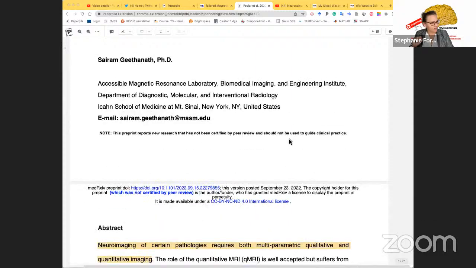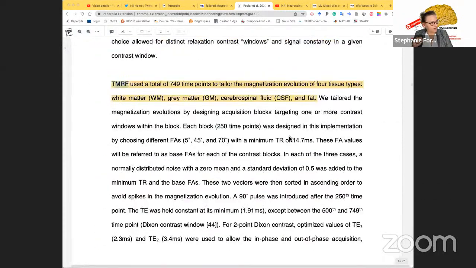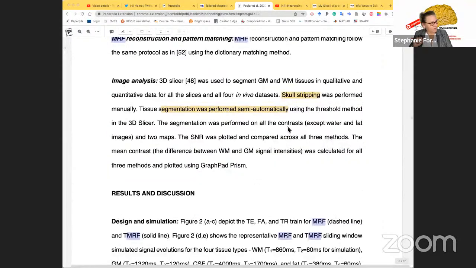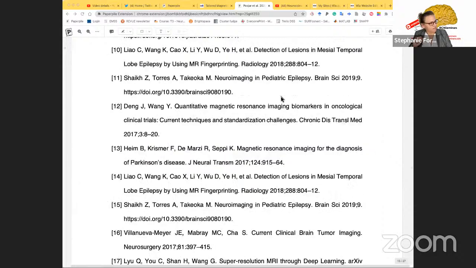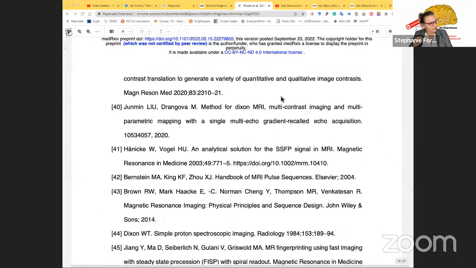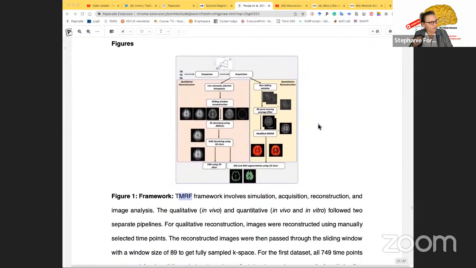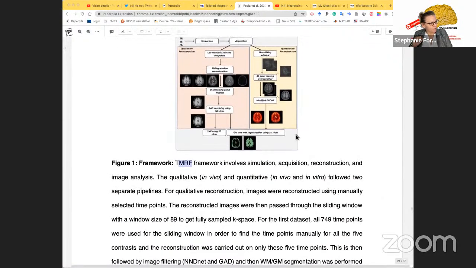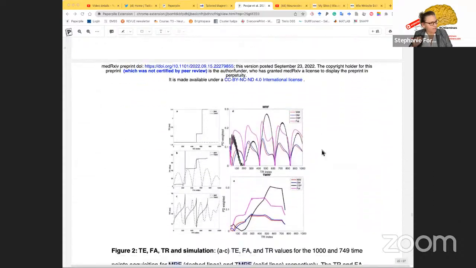Now, to give you an idea about the image quality, let's go to the very back of the paper, where we have the figures. So here you have the framework of how it's actually implemented, including the segmentation at the end that I mentioned.